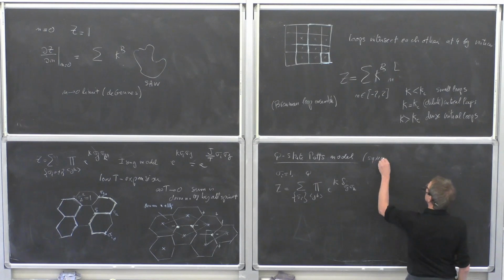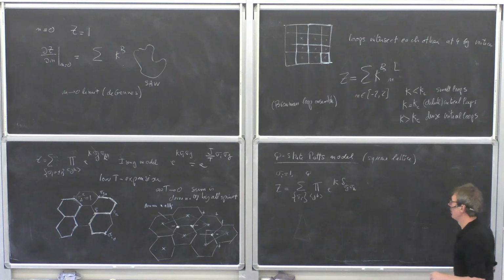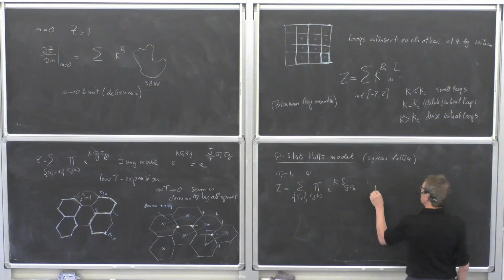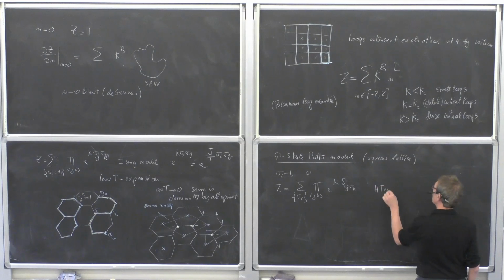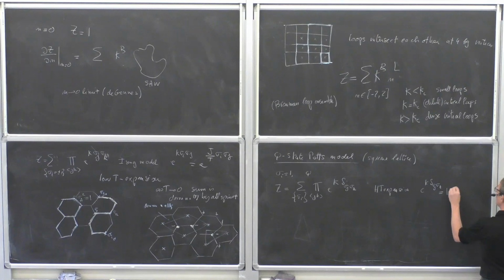Okay, so like we did in the Ising model, it is nice to do a high temperature expansion, by writing e to the k delta sigma j sigma k as 1 plus delta sigma j sigma k times (e to the k minus 1).